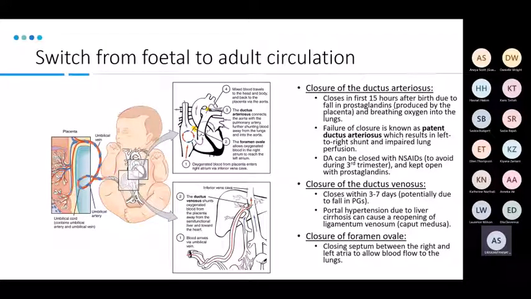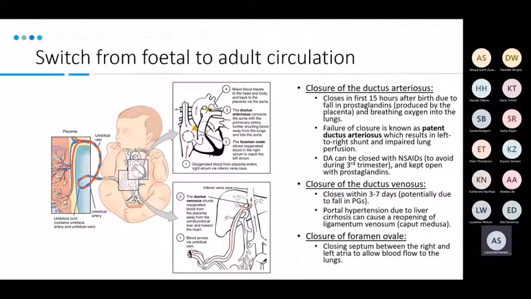Then the next thing that closes within about 3 to 7 days is the ductus venosus. You can get portal hypertension due to liver cirrhosis, and that can cause it to reopen. This is what leads to the caput medusae picture.